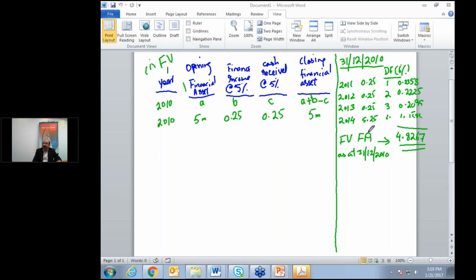So when we calculated the fair value of the financial asset due to change in the interest rate, it is 4.8267.